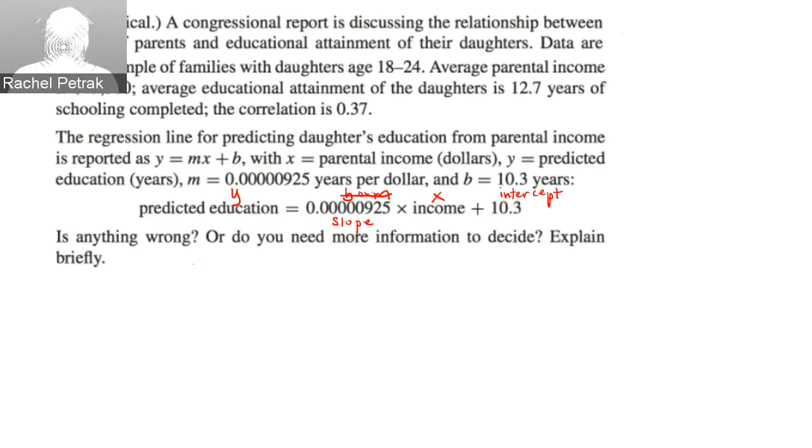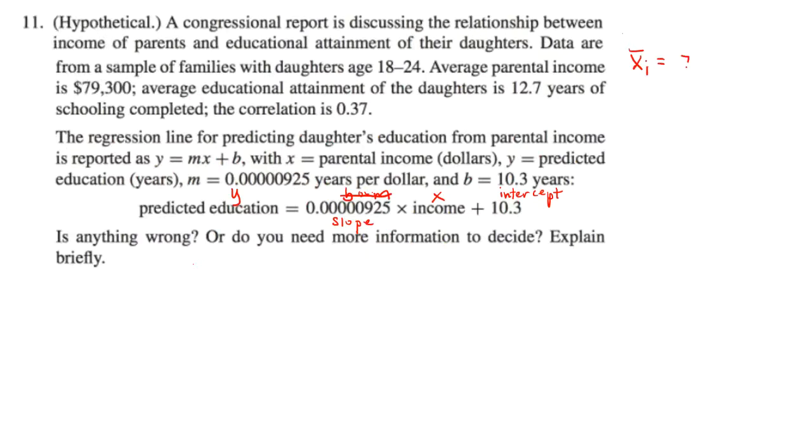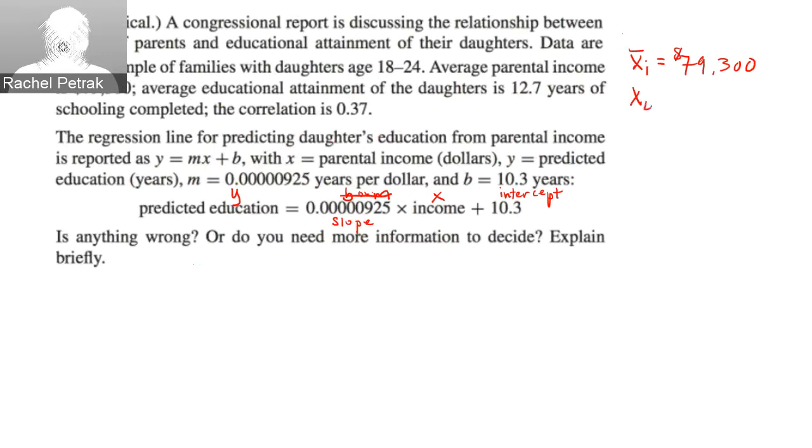So let's take a look at how we can plot out the point of averages, which we actually just looked at. We have our average for X, which was income, and our average for Y, education, was 12.7. And just like in the previous problem, we use these data to plot the point of averages.